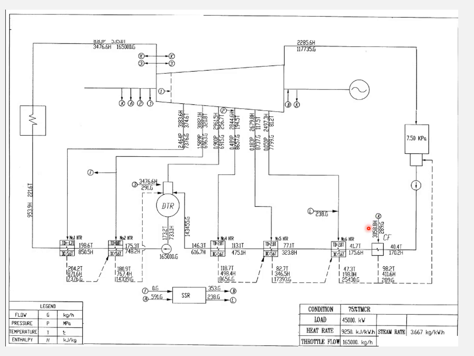Cycle efficiency: higher feed water temperature improves Rankine cycle efficiency. Heat rate reduction: a lower heat rate, in kilojoules per kilowatt hour, means less energy is needed per unit of electricity. Environmental benefit: reduced fuel use leads to lower emissions and operational cost.